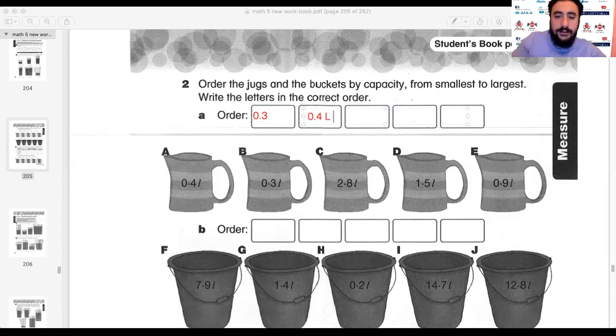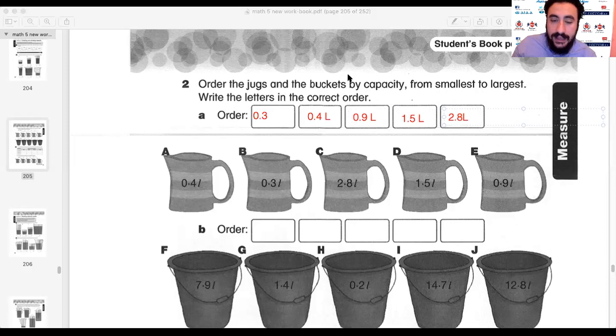Then 0.9 liters. After 0.9, I'm going to write 1.5 liters. And the last one is going to be 2.8 liters. Thank you so much.